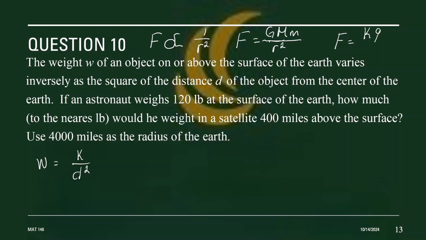I think it is K. Pretty sure it is K. K times charge 1 times charge 2 over the square of the distance between them. And that can be a repulsive force. That's what charge is.